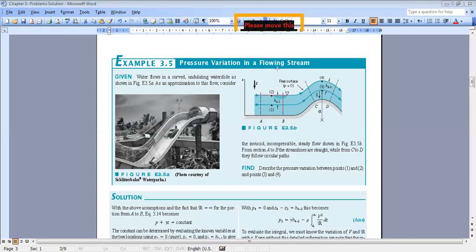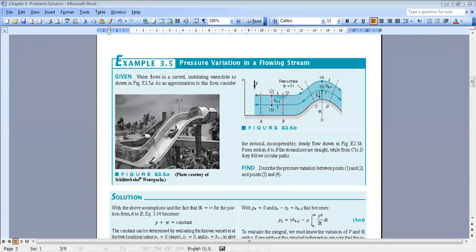So now we want to compare first the pressure of points 1 and 2. As you can see here, you have a moving fluid, and you need to compare the pressure in 1 and 2. Here you can use two chapters.